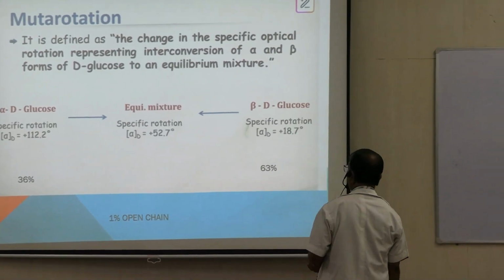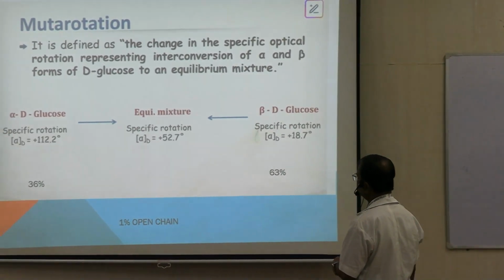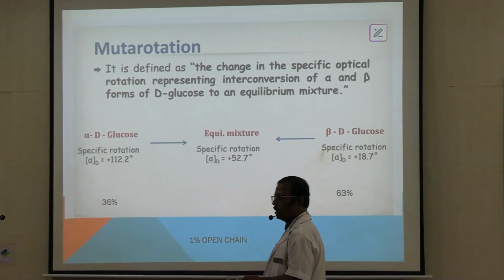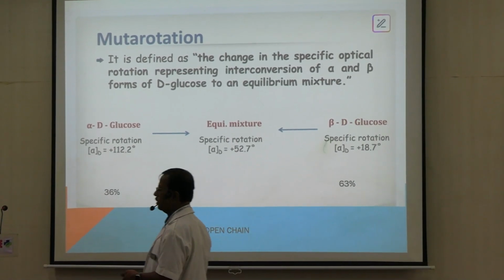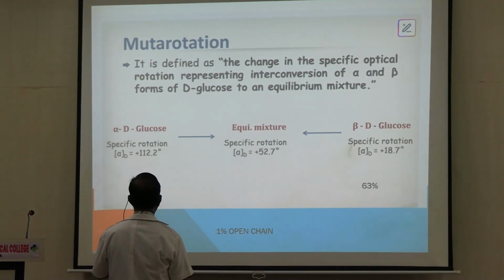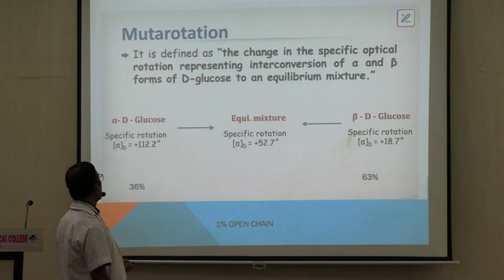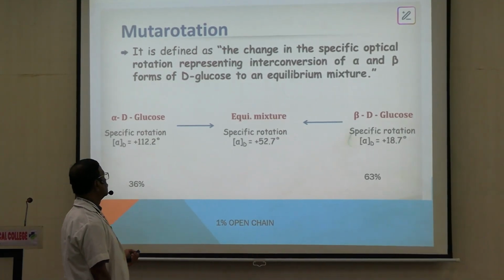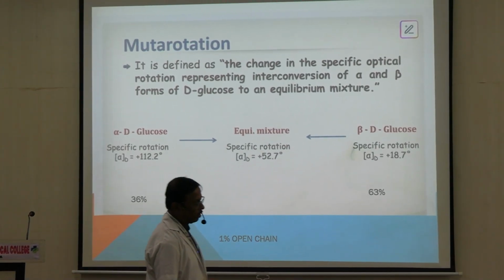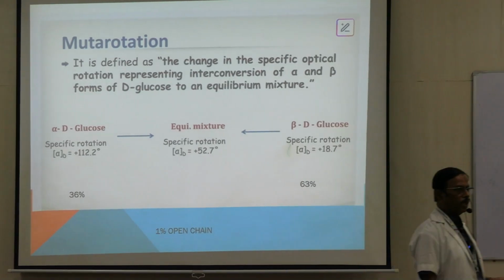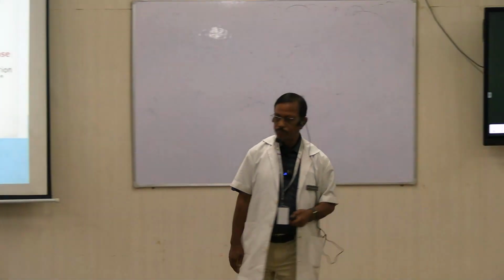Okay, and this change in specific rotation of polarized light is called mutarotation. Okay. So the change in the specific optical rotation representing interconversion of the alpha and beta forms of glucose to an equilibrium mixture is called mutarotation. That also sometimes is given as a short note.